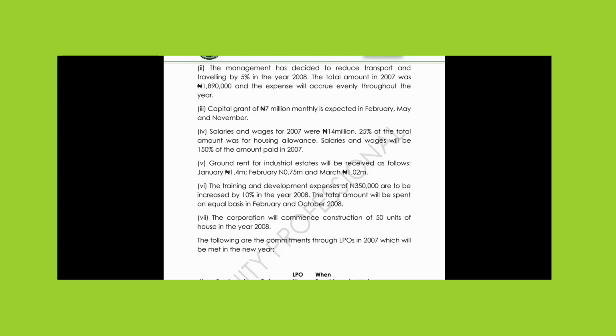It is 3.5. 3.5 minus 14 million is 10,500,000. 150% of that is 15,750,000.